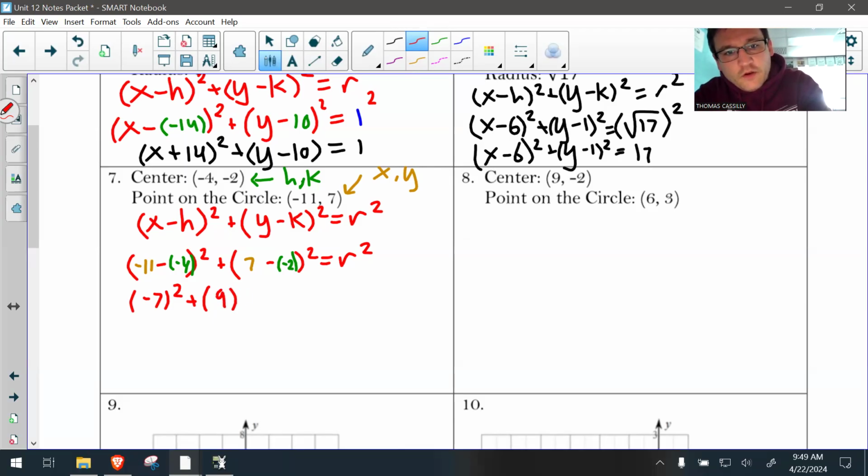So it's 9 squared equals the radius squared. You cannot square root both sides here. If you do that, you will get the wrong answer. So don't you dare even think about it. Square it out first. -7 squared is 49. If you just get rid of all the squares and square roots, you're going to get the wrong answer every single time.